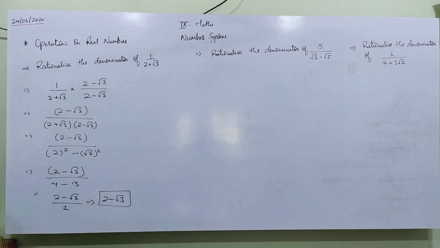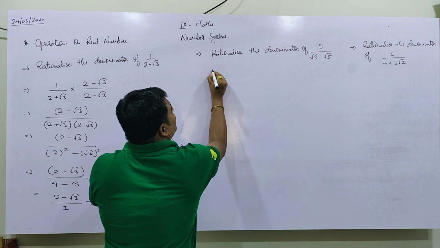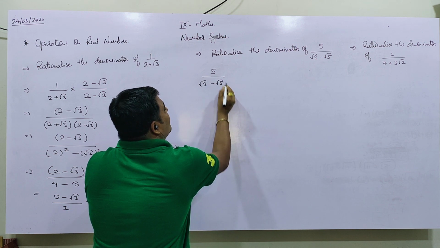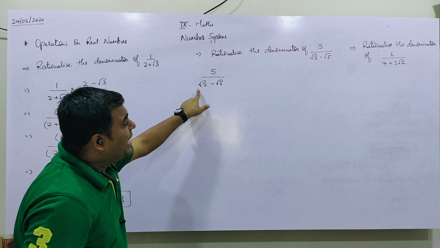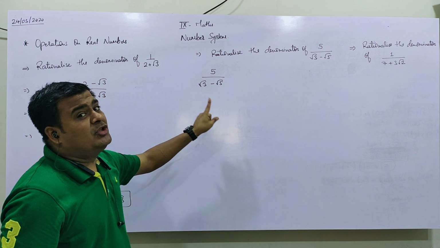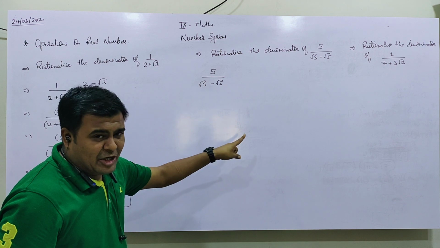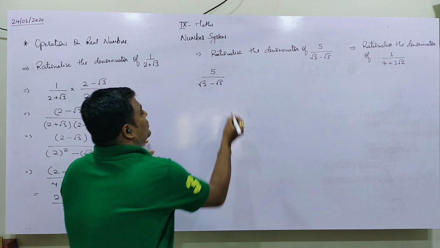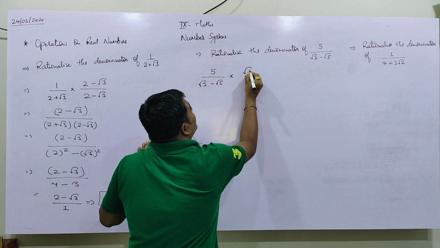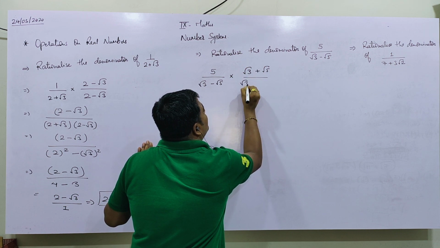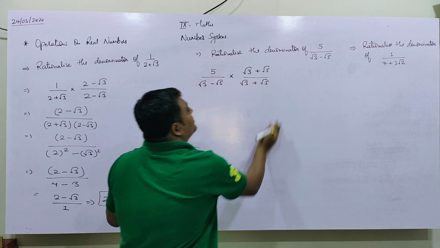Okay. Now let us take one more example, that is 5 upon root 3 minus root 5. See the denominator, root 3 minus root 5. So I am going to multiply the numerator and the denominator with the opposite sign, root 3 plus root 5 upon root 3 plus root 5.